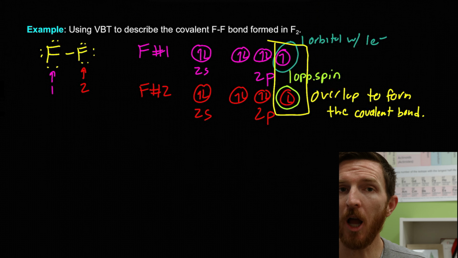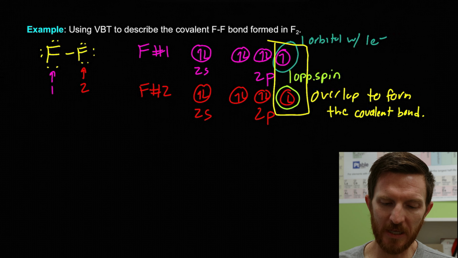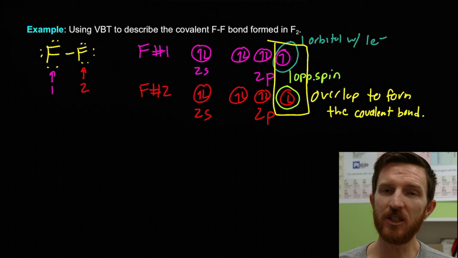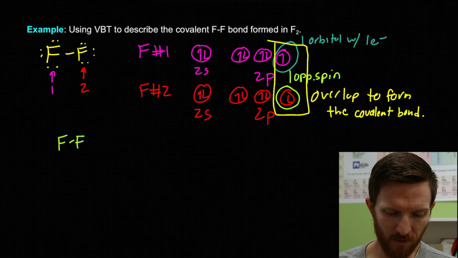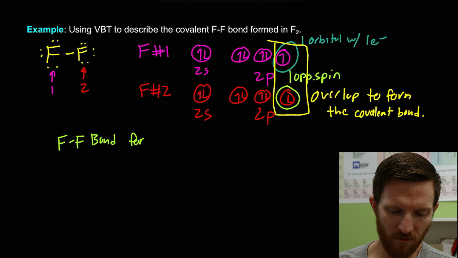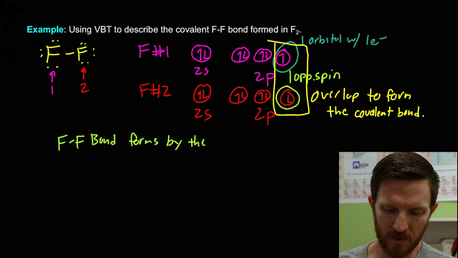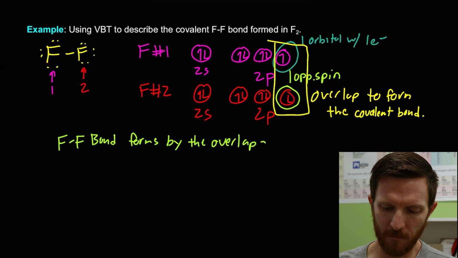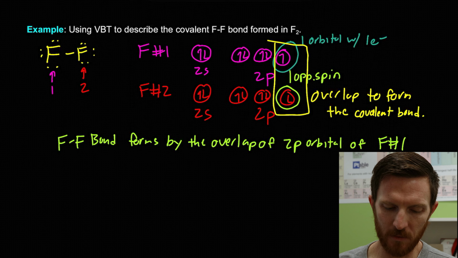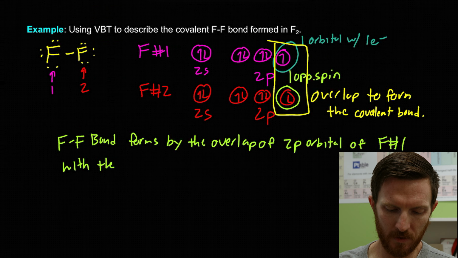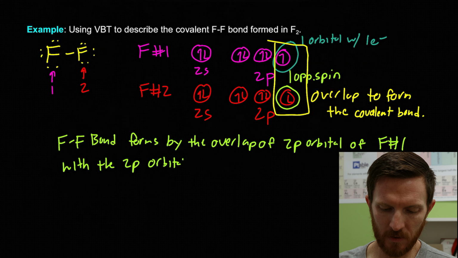We can describe this in a couple of ways. One of them would be to explain what's happening here. We'll say the fluorine-fluorine bond forms by the overlap of the 2p orbital of fluorine number 1 with the 2p orbital of fluorine number 2.